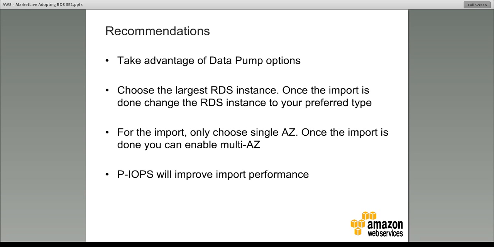Provisioned IOPS will guarantee a certain rate of IOPS. This is not only great for production applications, but also because imports could be a peak time of IOPS back to storage. Having provisioned IOPS will give you better performance during that import operation.